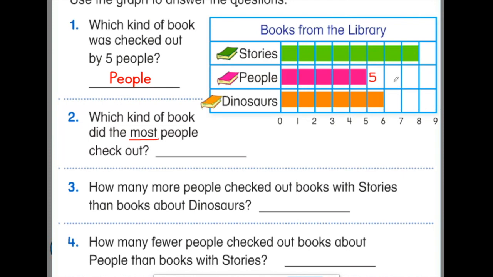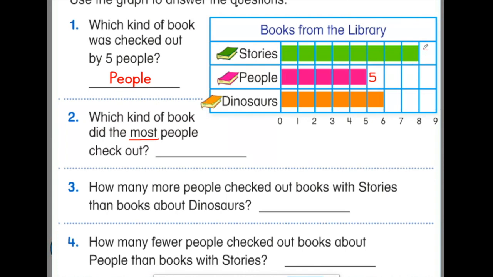But let's take a look at some of the other categories. Let's look at the storybooks. Well, the storybooks looks like it is the longest one, and it goes all the way to here. And again, I want you to take your finger and almost like we're dragging it down to see exactly how many votes it got. So watch my pen. We're going to drag it down, and it is by the number 8.